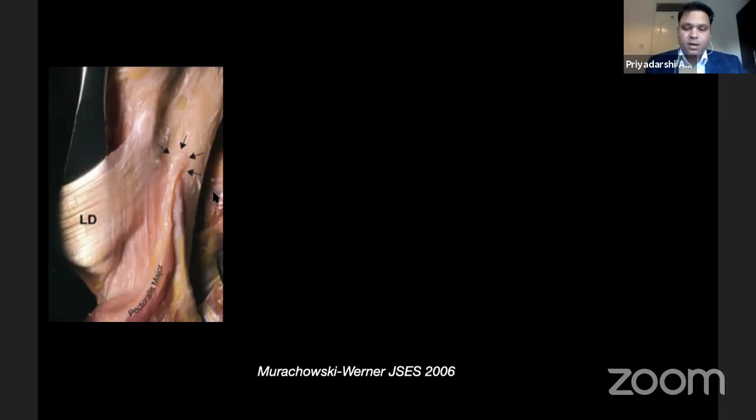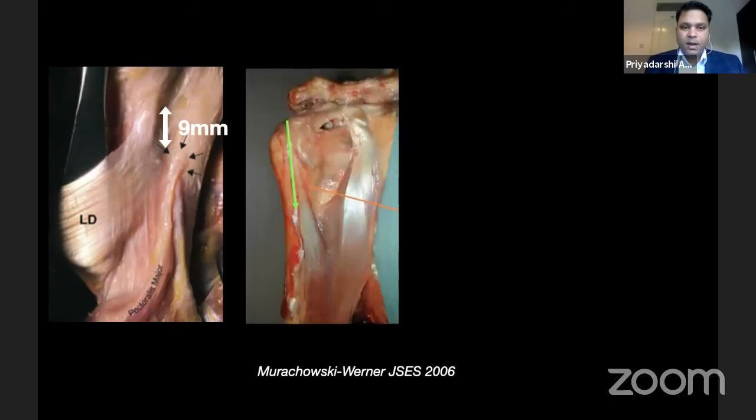Now, in relation to the latissimus dorsi, in this image, that's the latissimus dorsi, that's the intertubercular groove, and that's the pec major. Now, the distance between the tip of latissimus dorsi insertion and the pec major insertion is around 9 millimeters. And in the same way, in this image, that's the pec major insertion which has been detached, and that's the biceps tendon.